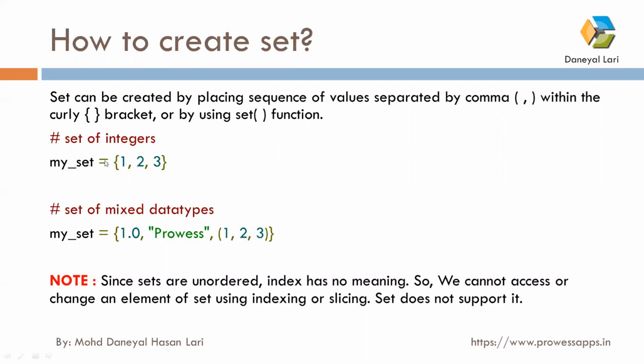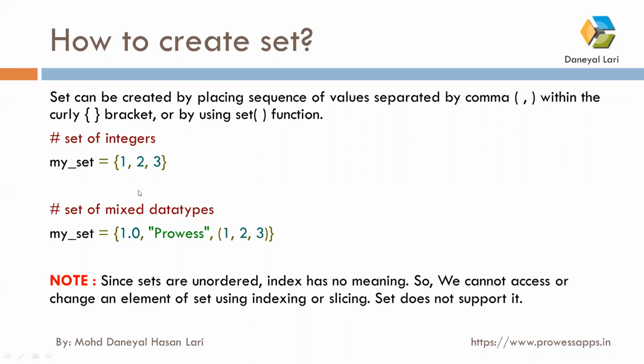My set is equal to, within the curly brackets, any number of elements, so it is a set of integers. If you want to create mixed data types, then you can put 1.0, for example, which is a float, a string, and a tuple. Since sets are unordered, index has no meaning.